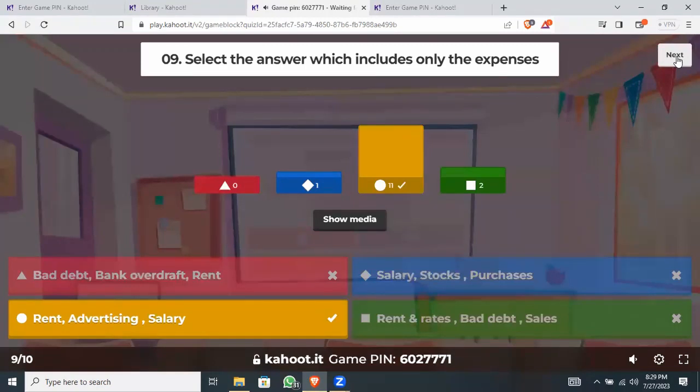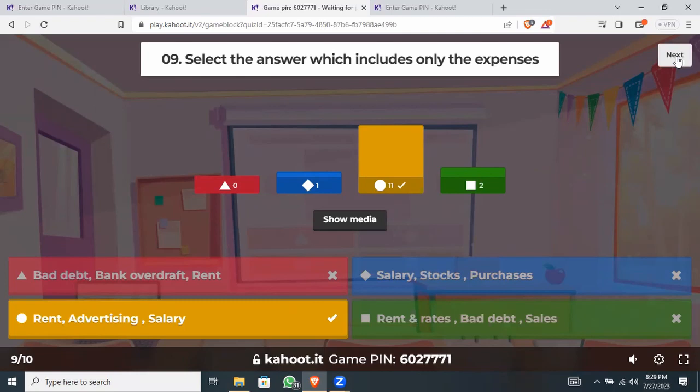Right, this time I got 11 correct answers. The answer should be rent, advertising and salary. All these three items come under expenses.